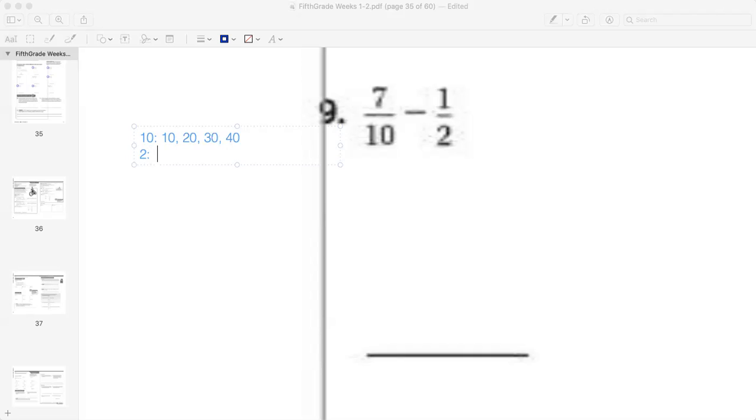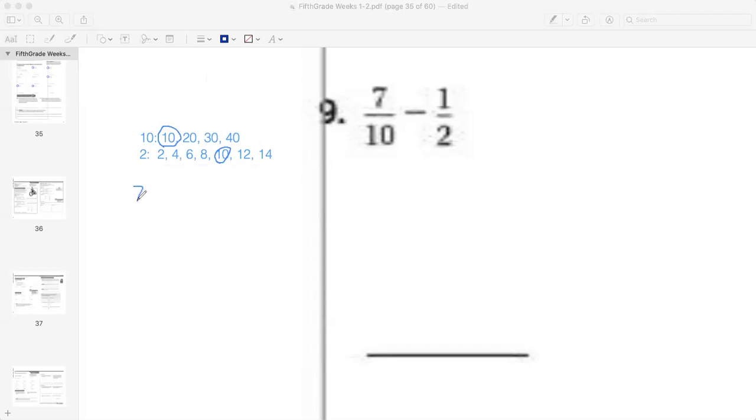And then for 2, I'd be going 2, 4, 6, 8, 10, 12, 14. So then if I look and see which one is the same in the smallest, I see 10 is the smallest one in both. So that's going to become my LCM, or my least common denominator as well.